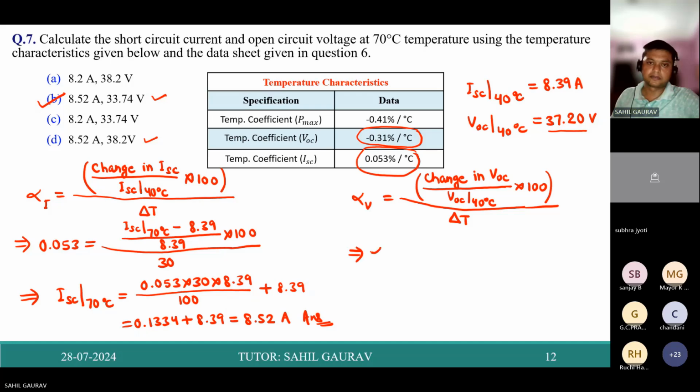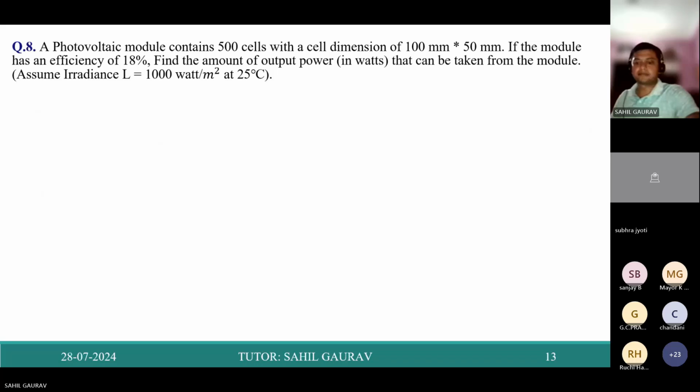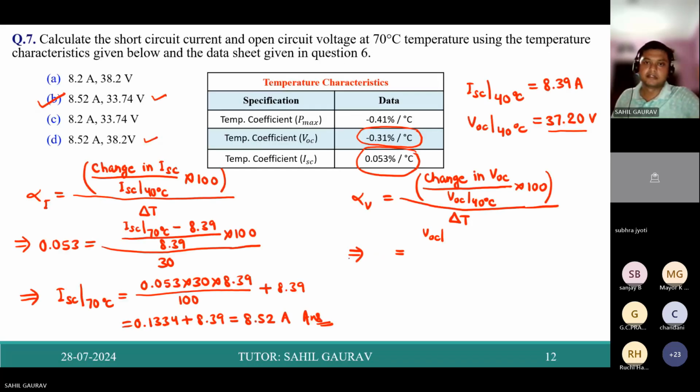So alpha V is given as minus 0.31, equal to VOC at 70 degrees Celsius minus 37.20, upon 37.20, into 100, upon delta T, which will be 30.